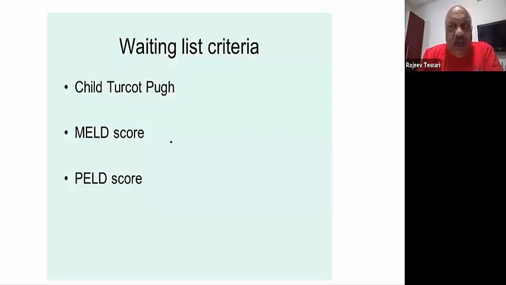All 4 have different indications and different use. Child-Turcotte book, I am sure you must have read in medicine, and I'll request all of you to remember the rest 3. I'll not advise you to remember the formula or the values, but Child's book you have to remember with values.